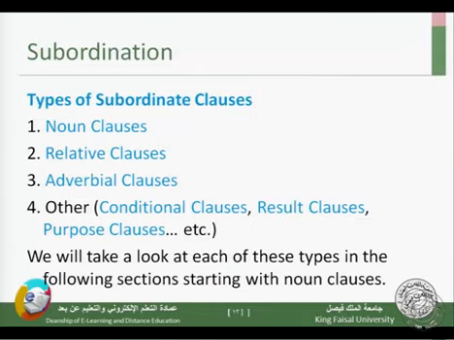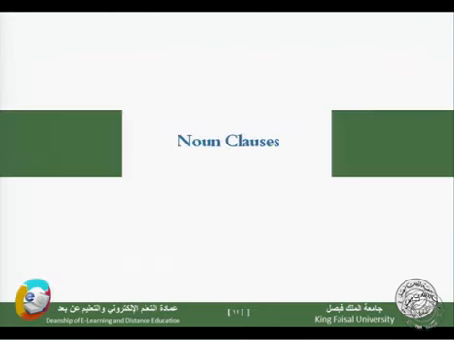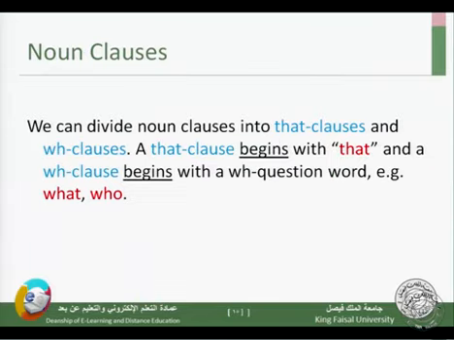We have different types of subordinate clauses. We have noun clauses, relative clauses, adverbial clauses, and other ones like conditional clauses, result clauses, and purpose clauses. We will take a look at each of these types, but first we will start with the noun clauses in this lecture. So, noun clauses. We can divide noun clauses into that clauses and WH clauses.